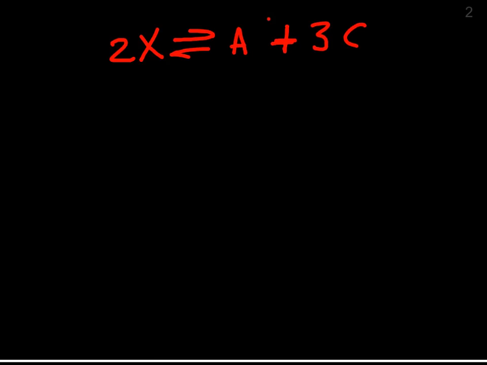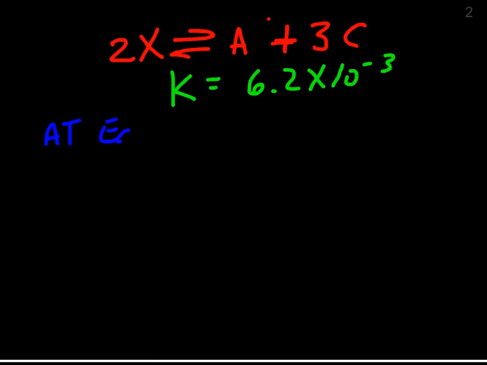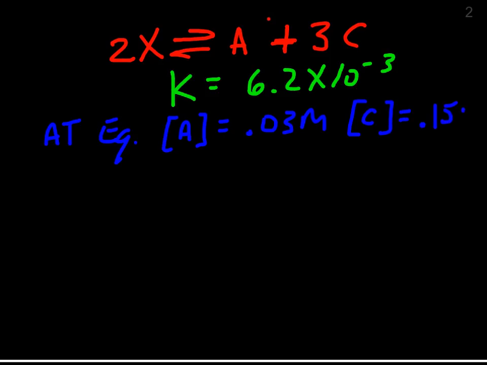Okay? And the problem says, all right, K is going to be equal to 6.2 times 10 to the minus 3. And it also says at equilibrium, the concentration of A is equal to 0.03 molar, and the concentration of C is going to be equal to 0.15 molar.